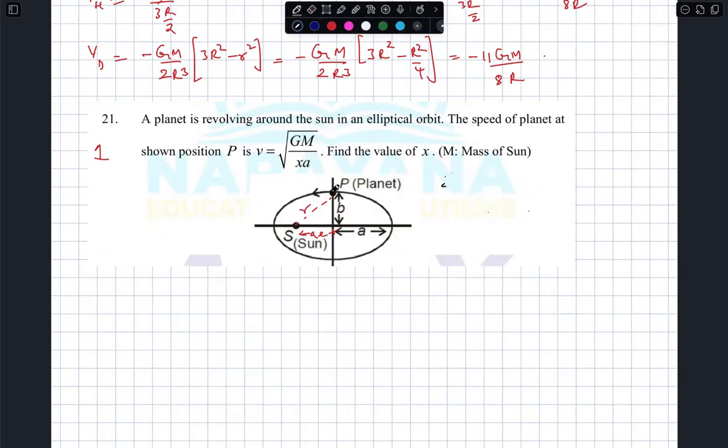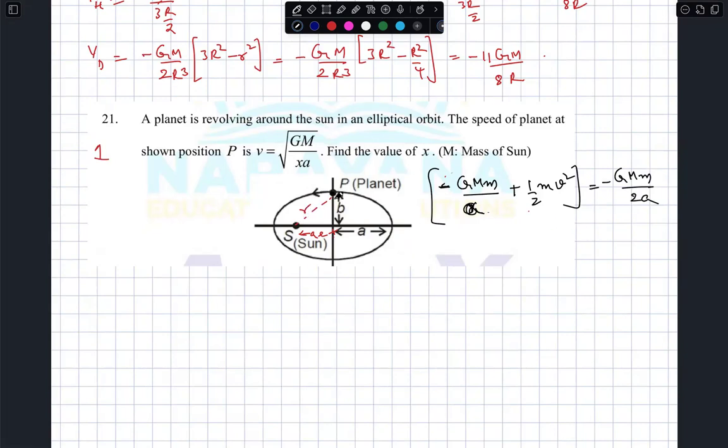You want this at point P. The speed of the planet at this point is what you want. What are the energies there? GMm by R, where R means A actually, plus half mv square. That is the total energy. I told already earlier, the total energy in an elliptical orbit is minus GMm by 2A.